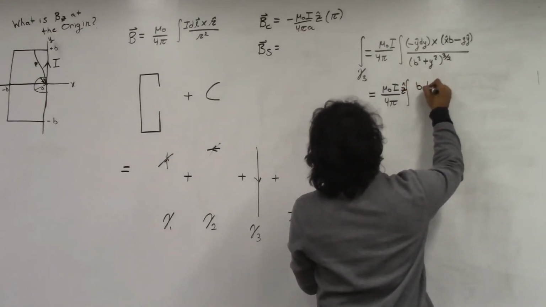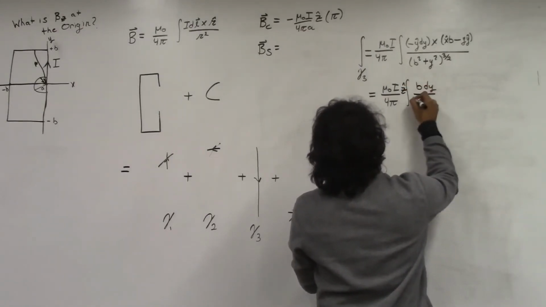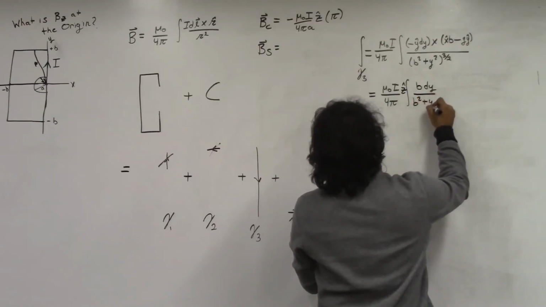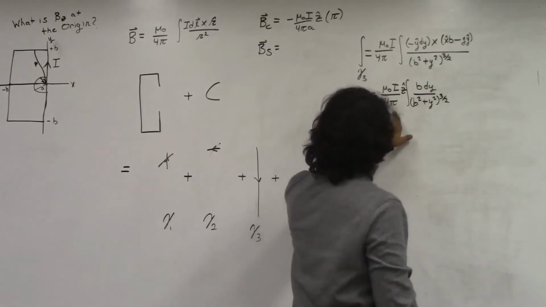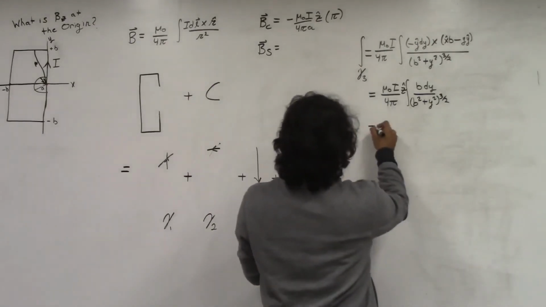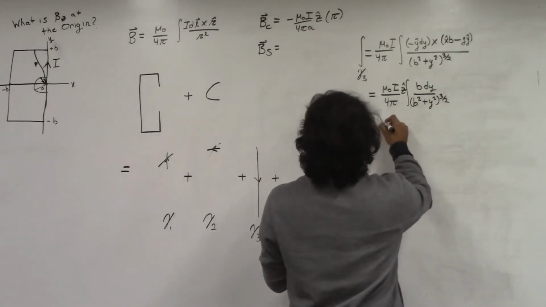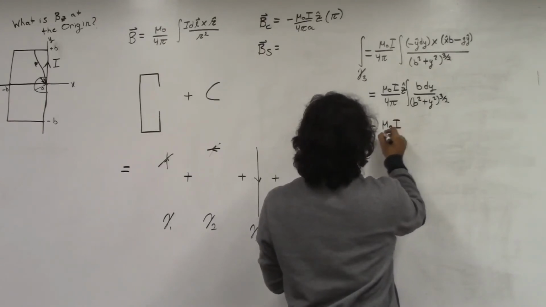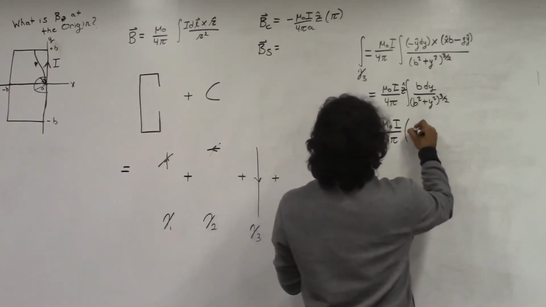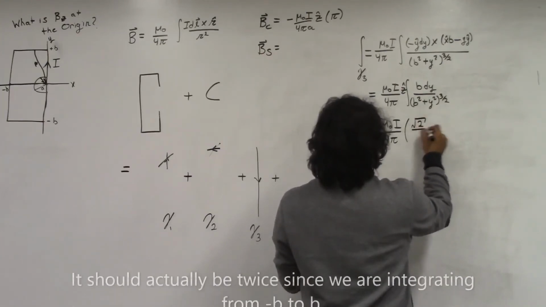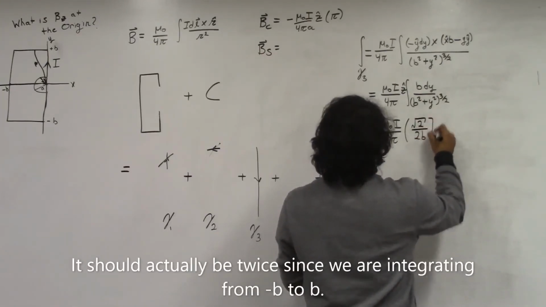I'm left with a b dy over b squared plus y squared to the 3 halves, which is an integral we did last time, and we know the result that this gives us. This gives us mu naught I over 4 pi times square root 2 over 2b.